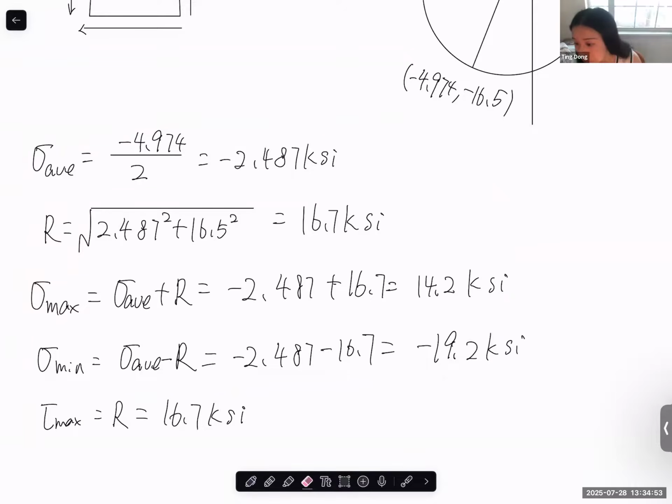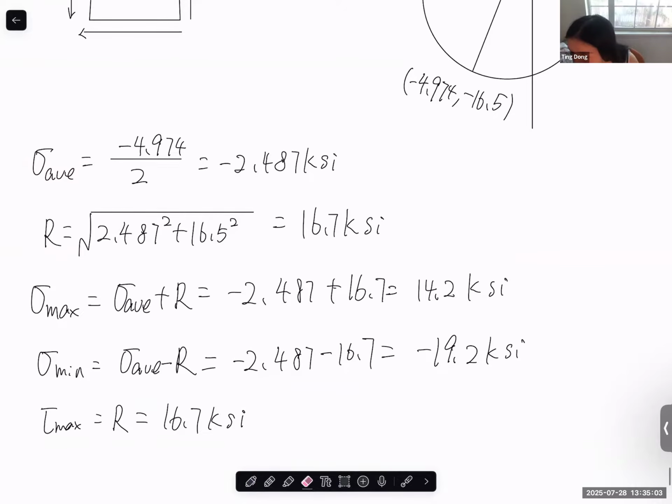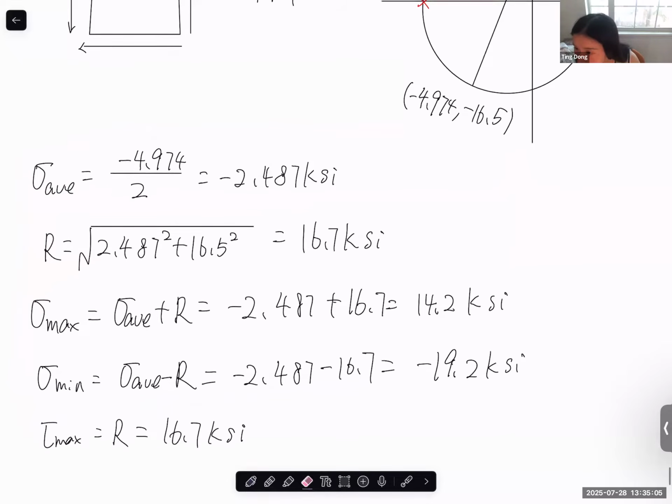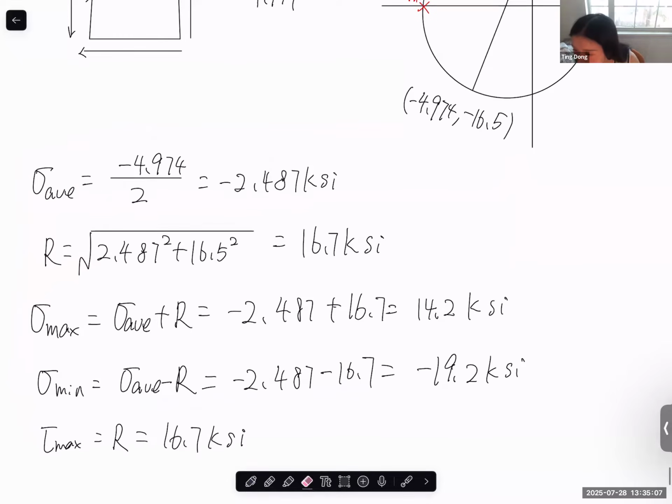Any other question? So essentially you are saying that a third dimension doesn't impact anything. Everything in the third dimension is 0, then it becomes a 2D problem.